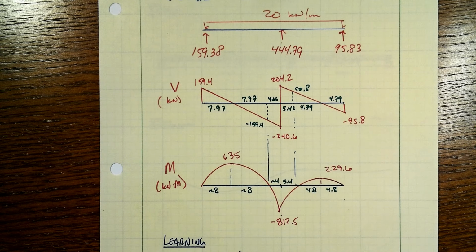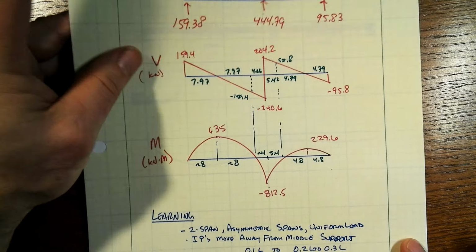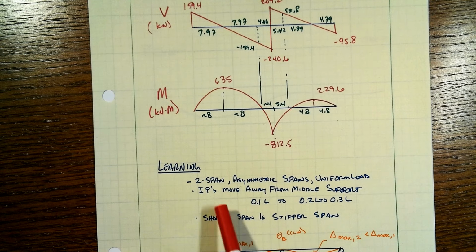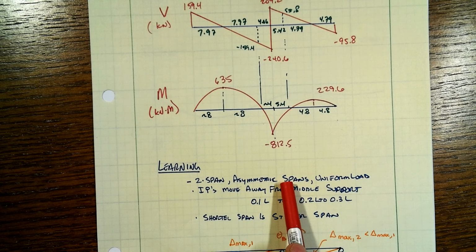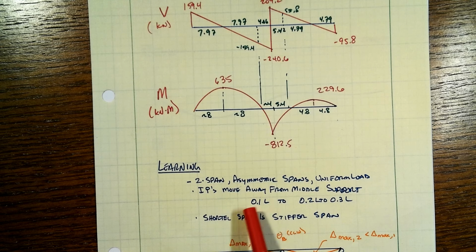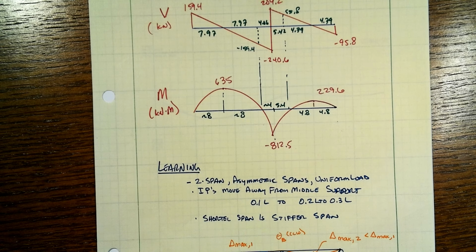Right? So let's talk a little bit about some of the lessons we learned in all of this. Part of that is when you have a two-span beam where the spans are asymmetric and with the uniform load, the inflection points move away from the middle support. The general rule of thumb is actually about 1/10 of the span for the middle spans.